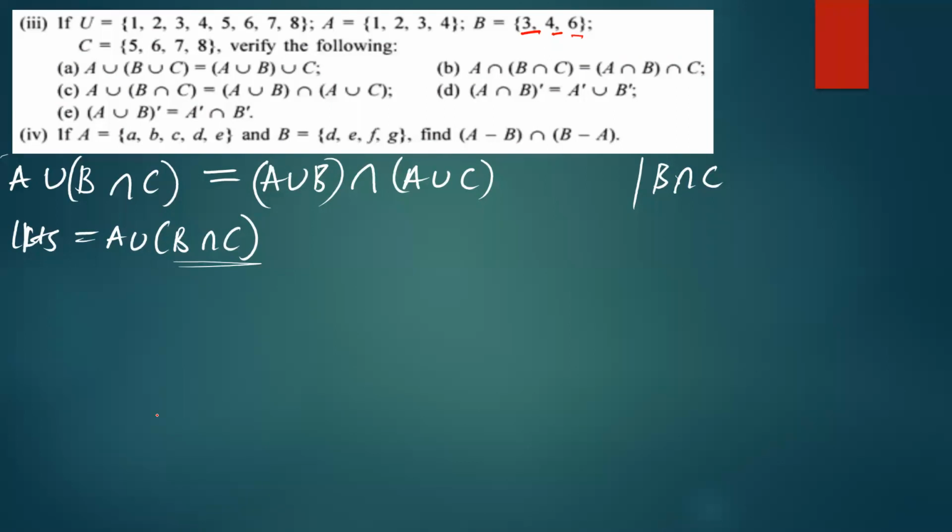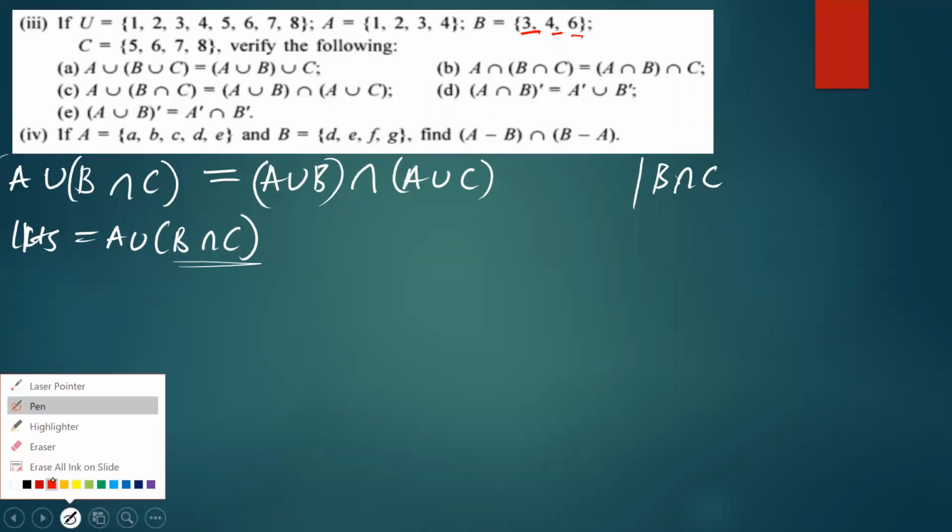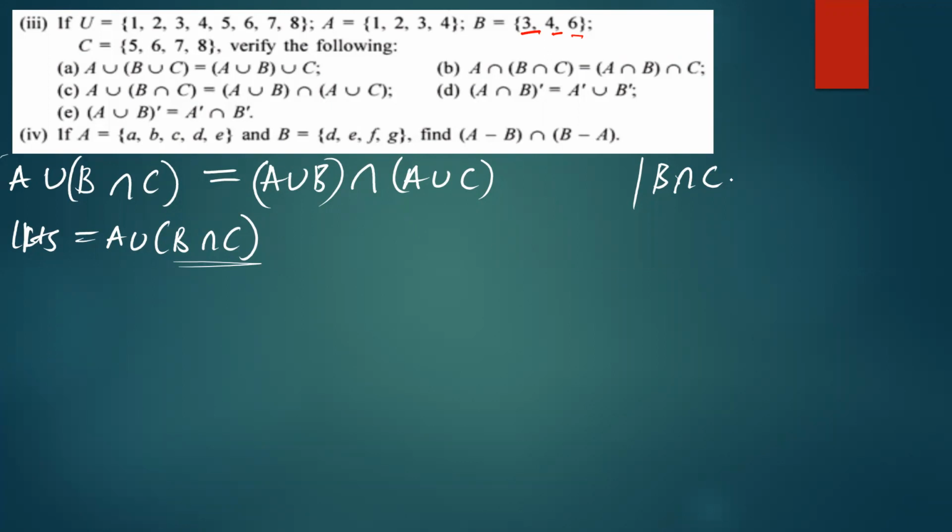So B intersection C is a singleton set which contains 6 as a member. A singleton set is a set that contains one element, because 6 is the only common element between B and C. So B intersection C is simply 6. Then we have to find the union between B intersection C and A, according to the question.